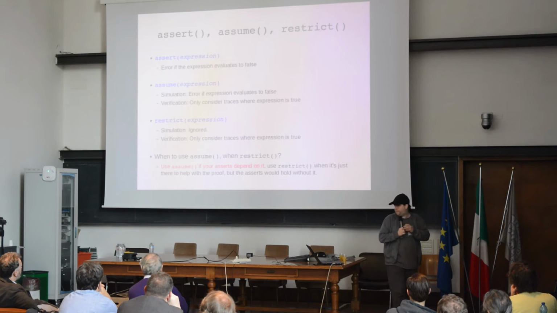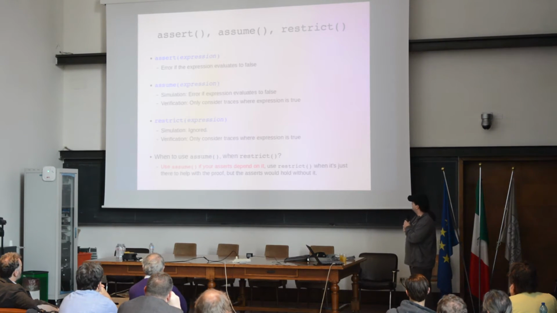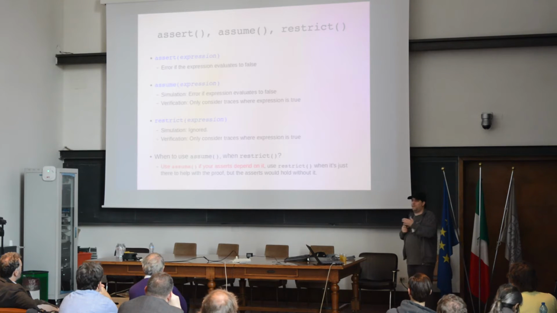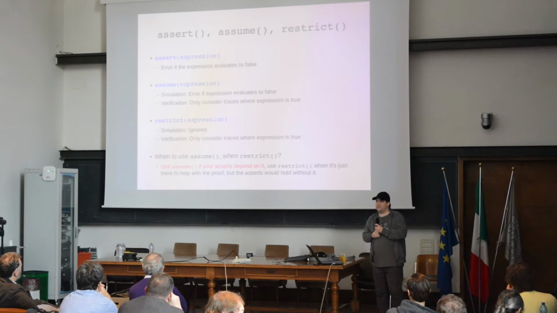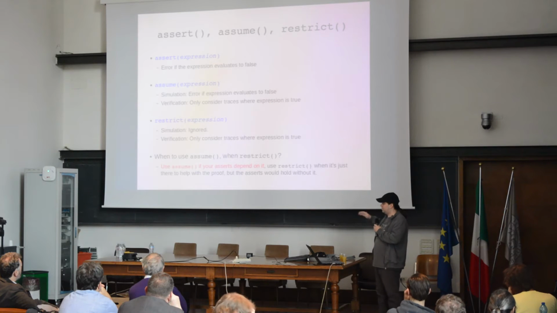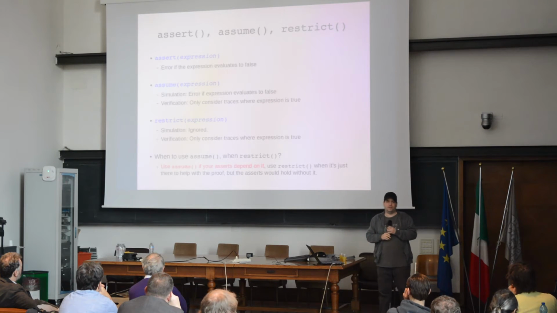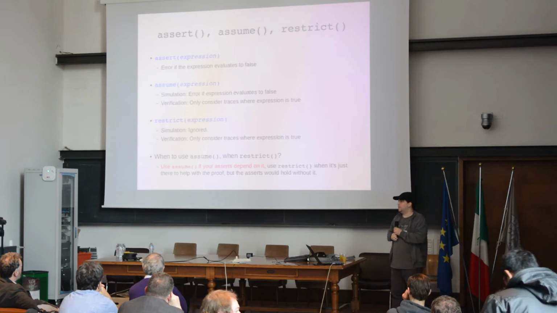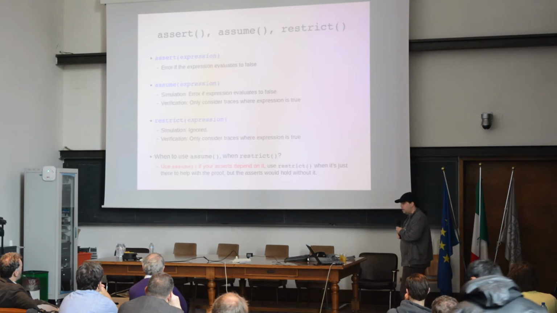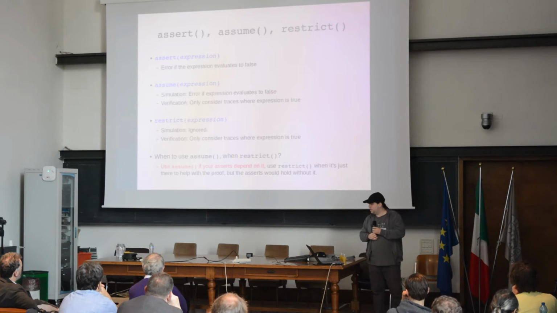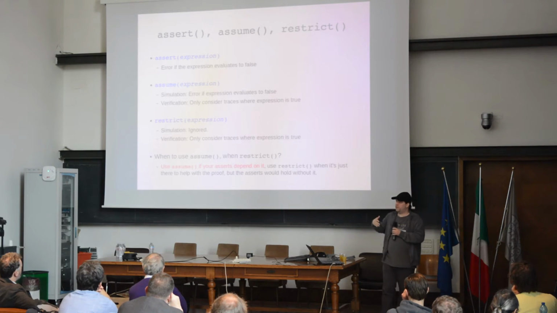Good. So if you are used to writing normal Verilog code, then you probably haven't seen this assert and assume statement before. There is even a third one, restrict. So I'm going to mention quickly what they do. The assert statement just produces an error if the expression evaluates to false. That's more or less what you would expect.